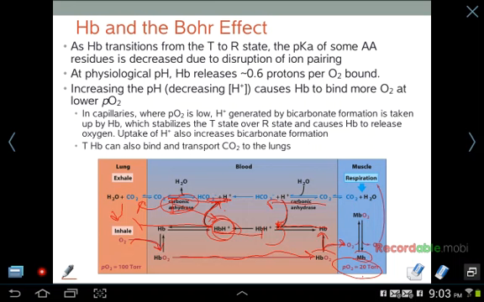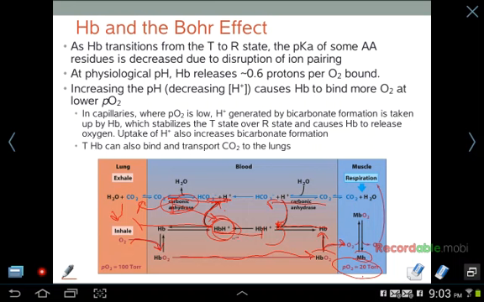The proton uptake, moreover, facilitates carbon dioxide transport by stimulating bicarbonate formation. Conversely, in the lungs, where the partial pressure of oxygen is high, oxygen will bind hemoglobin, disrupting the T state pairs to form the R state, thereby releasing the Bohr protons, which can then recombine with bicarbonate to drive off CO2. So that's what this is.